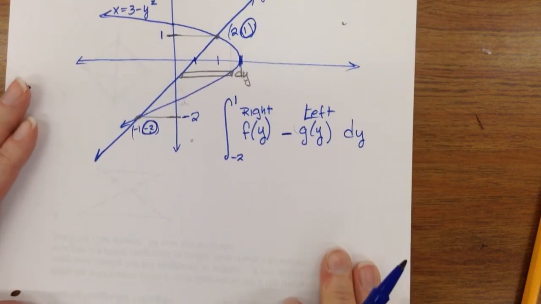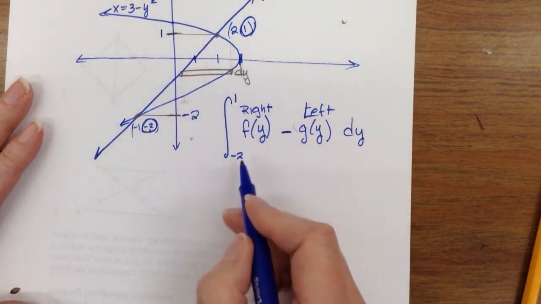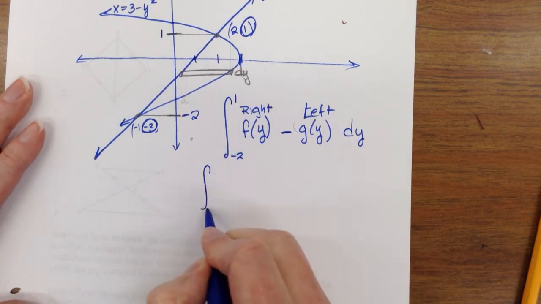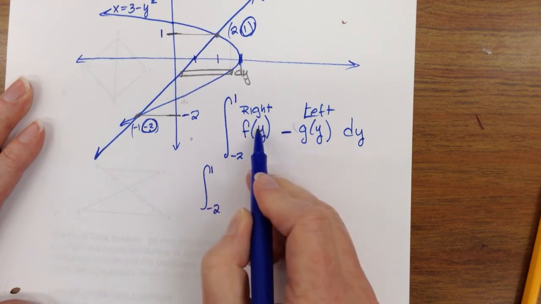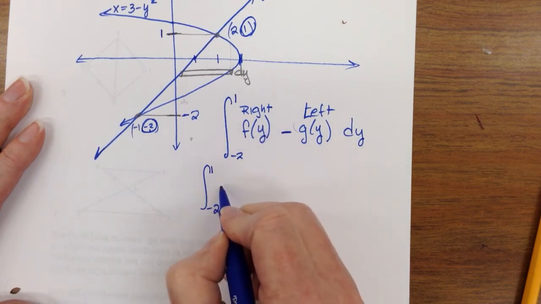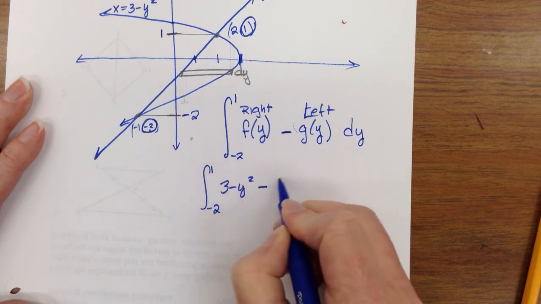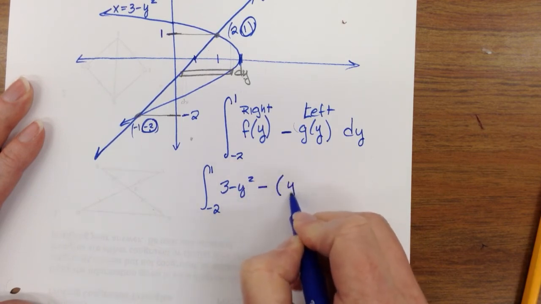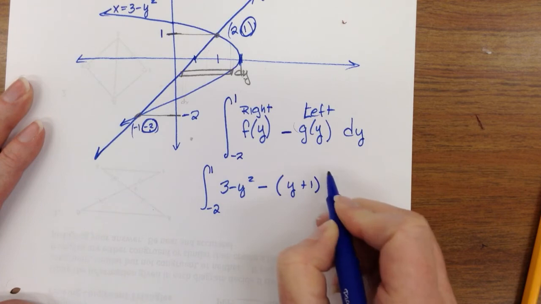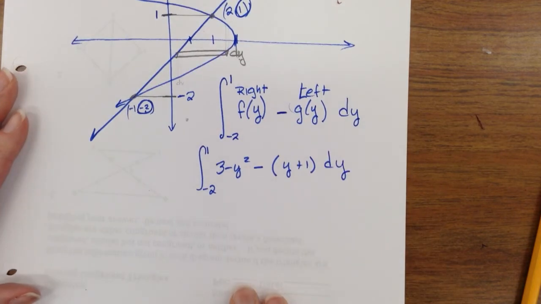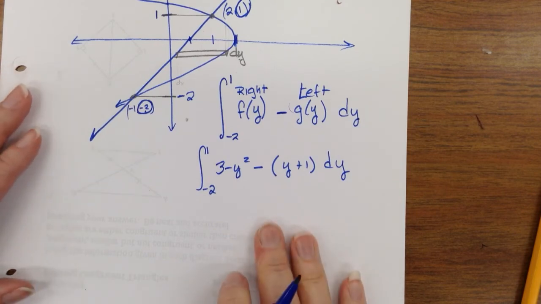So here's what this becomes. We already have our y limits of integration with respect to y. We would integrate the right curve, which was my f of y, minus, be careful with the parentheses because there are two terms, the g curve, a function of y. No way. Now, points of intersection, it's going to be the same old story.